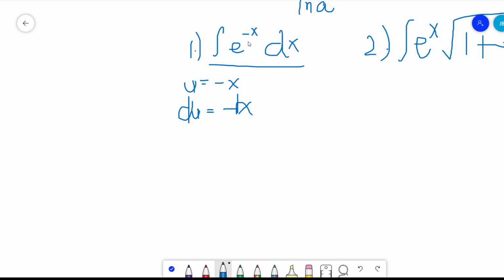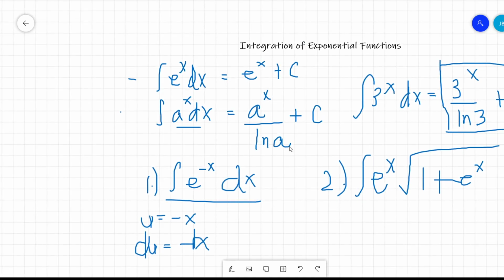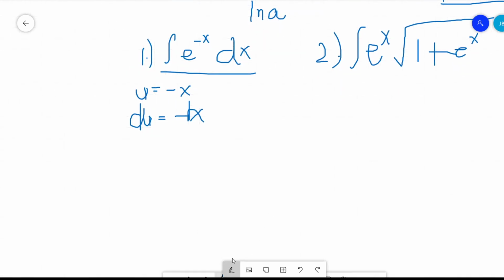We cannot integrate e raised to negative x directly because the given formula is just e raised to positive x. So in order to integrate that, we should get the u first, so that it would be e^u du.